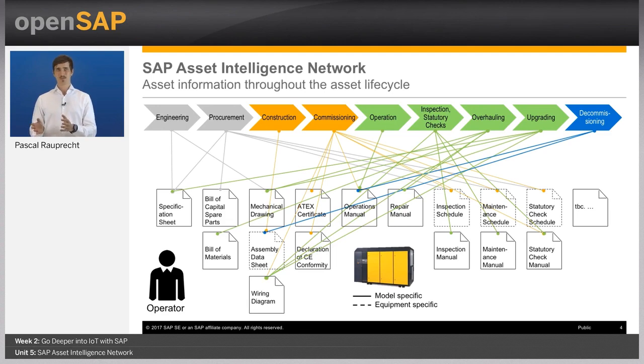And sometimes they don't talk to each other. And even more important, the systems they each use are different. So the documentation you can see here at the bottom might reside in different systems. And it might even be redundant in some systems. So this is one problem the operator is facing throughout the asset lifecycle.